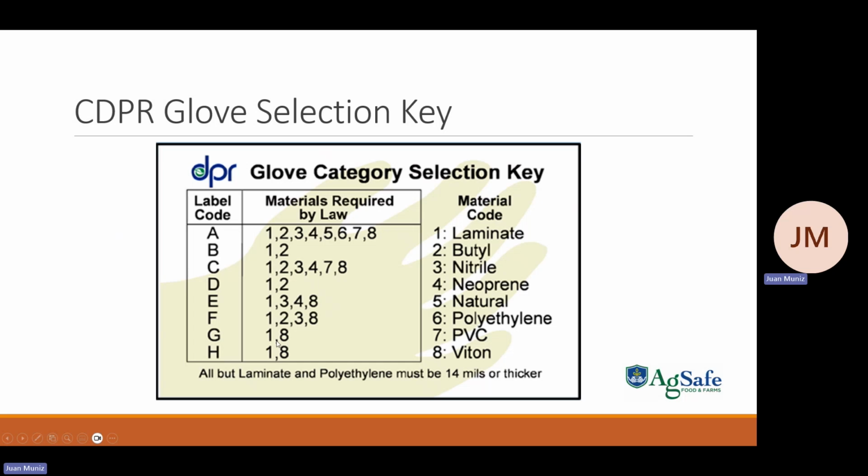Those are the approved materials of the glove, of category G glove. And then if you look further to the right, the material codes are listed 1 through 8. So in this case, category G means 1, laminate. They must be of a laminate material, or 8, which is Viton. And that is what they mentioned on the previous label.